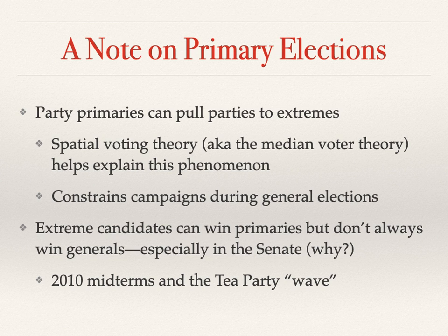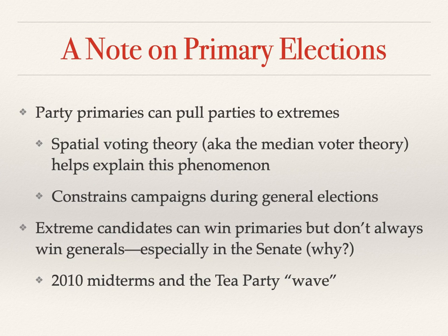So in the case of a Republican primary, and we're going to use Republican primaries because of the example of the Senate in 2010, if you have one Republican candidate who's relatively moderate, and you have one Republican candidate who's very conservative, they're going to have to appeal to the median Republican voter, right? So we eliminate all the Democrats and all the people who aren't registered for a party, and we're looking for that median Republican voter. And whoever gets that median Republican voter wins the primary election.